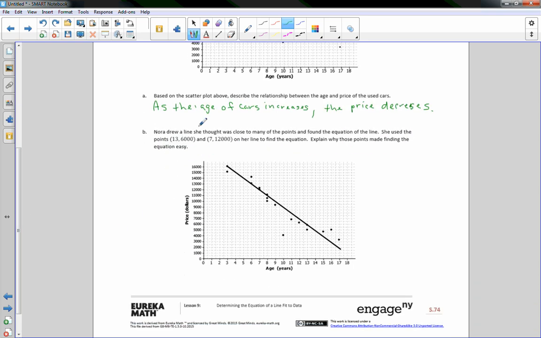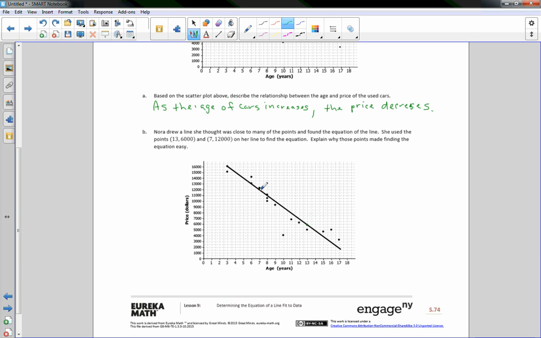B. Nora drew a line she thought was close to many of the points and found the equation of the line. She used the points 13, 6,000 and 7, 12,000 on her line to find the equation. Explain why those points made finding the equation easy. Well, if we go over to 13 and 6,000, that's a point that is right on the line.